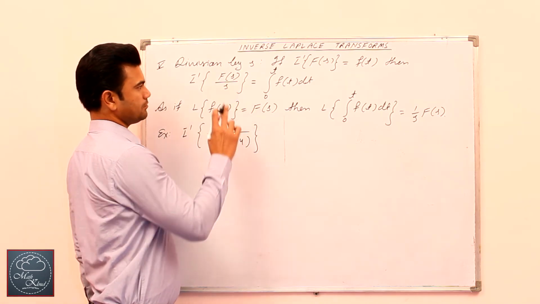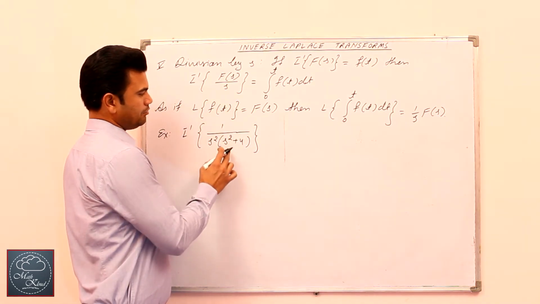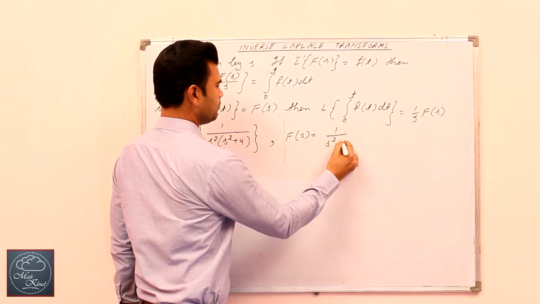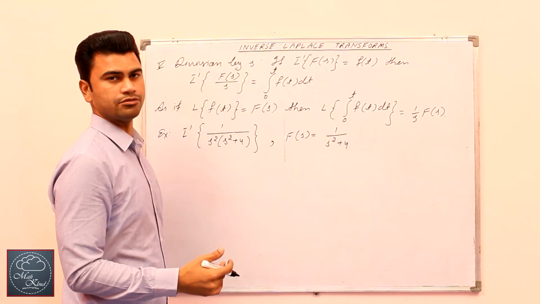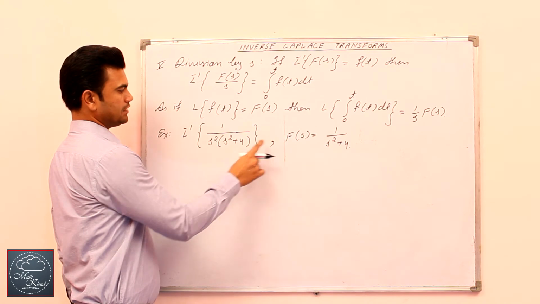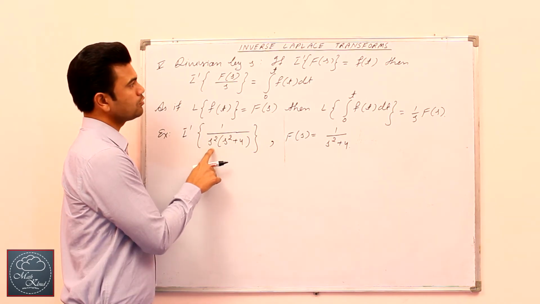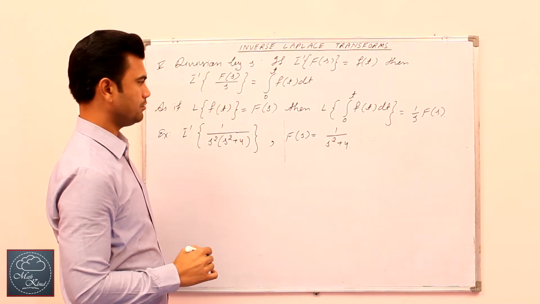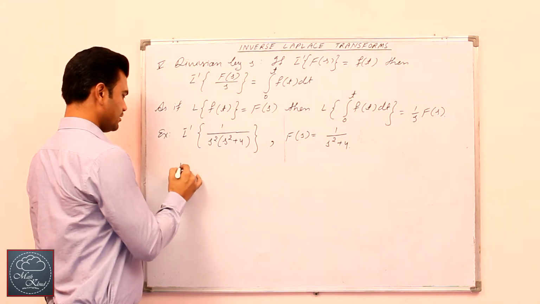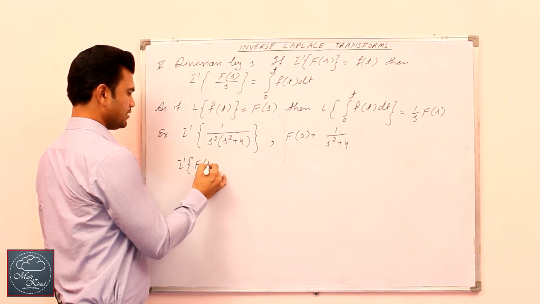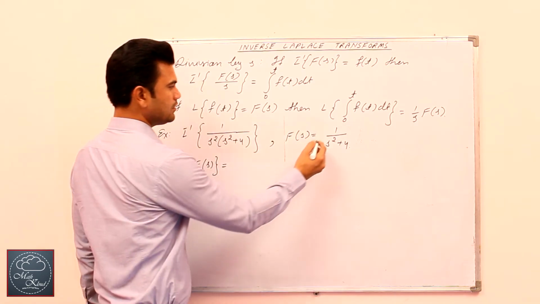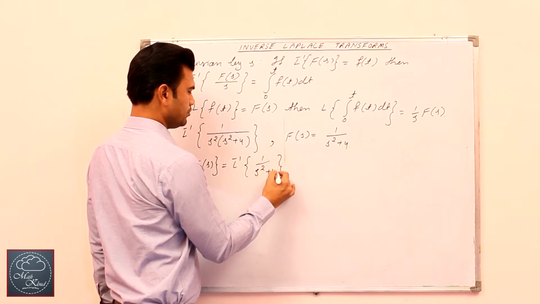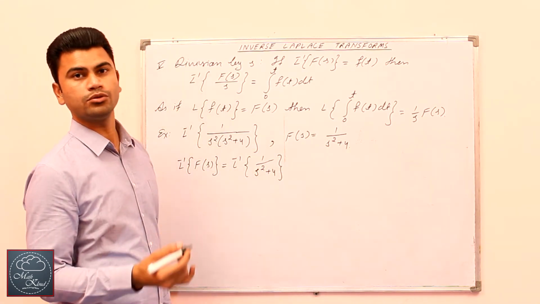Now to use this result, take your F(s) as 1 over s square plus 4, whose Laplace inverse is known, and then this F(s) is divided by s square. So I am going to use this result twice. Let us start by finding the inverse Laplace transform of F(s), which is 1 over s square plus 4, that is s square plus 2 square.